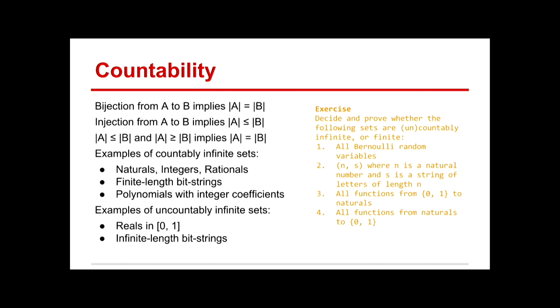It's countably infinite because this is essentially taking all pairs of, let's say, strings, and since each one of them is countable, the set of all pairs is also countable.